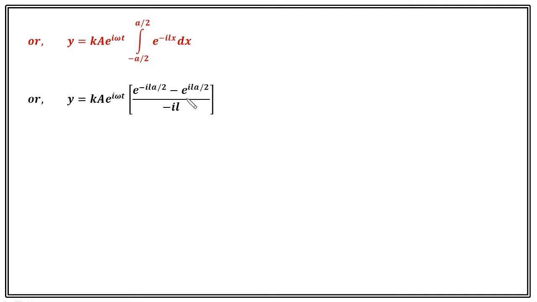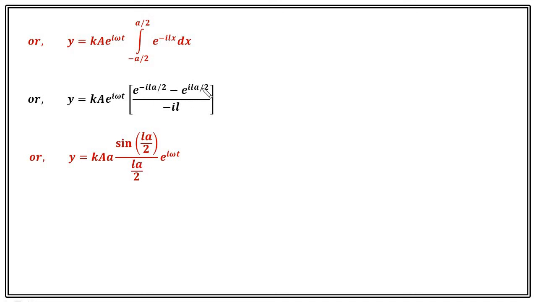Do you remember the relation between sine θ and the exponential term? We know e^(iθ) minus e^(−iθ) equals 2i sin θ. Just use that idea and replace this numerator with the sine term. So we will have y equals k a, and we just introduce a small a outside so that we can make La here, right?